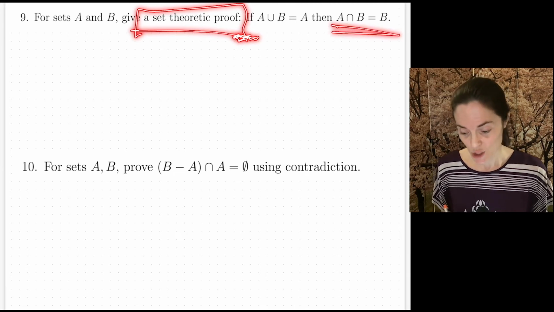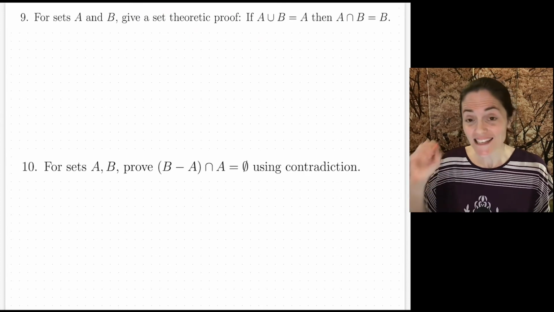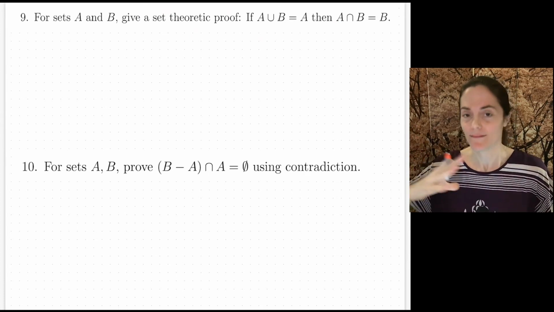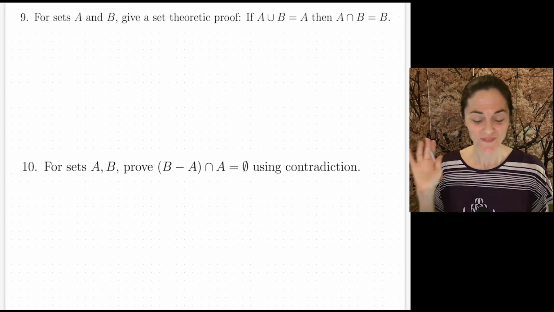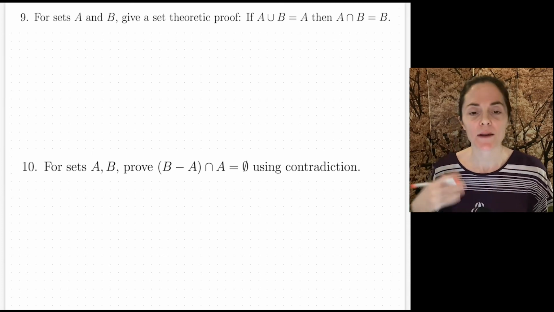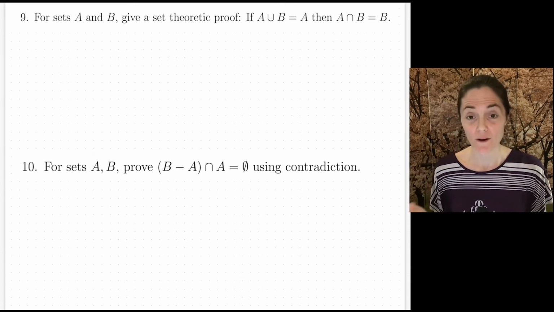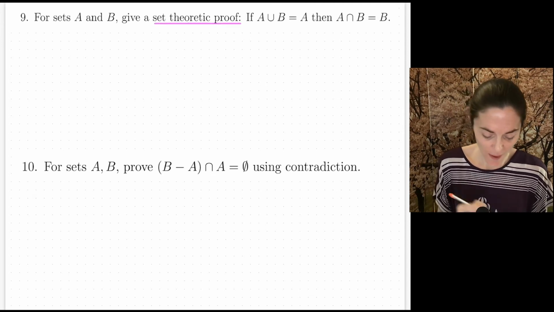This means showing two sets are equal with a proof. Okay, so do not just draw a Venn diagram and write done or something like this. That is not a set theoretic proof. Okay, you can draw a Venn diagram to visualize, but then make sure you follow it with a set theoretic proof when you are asked here. This is an important part.